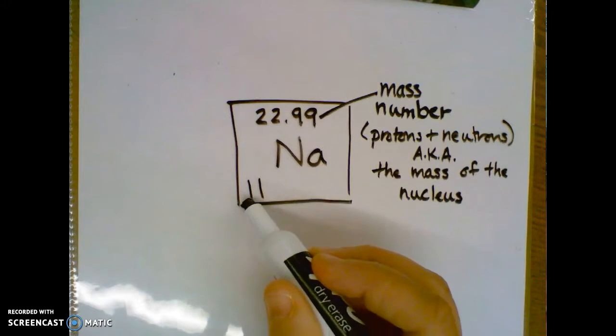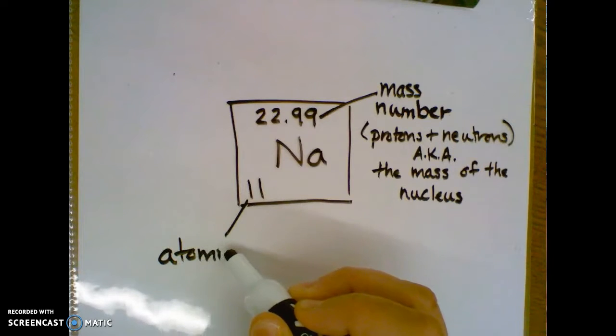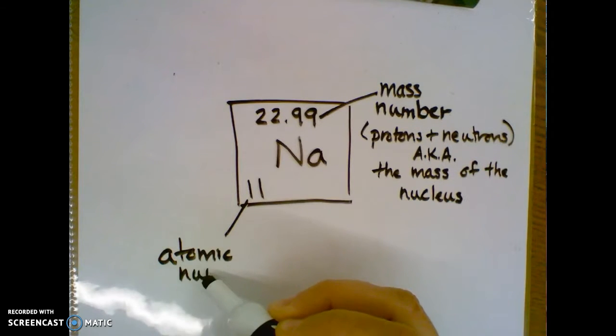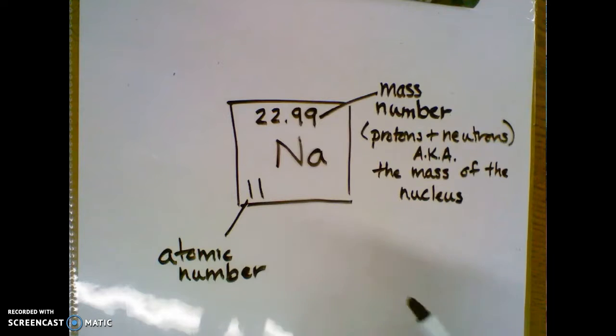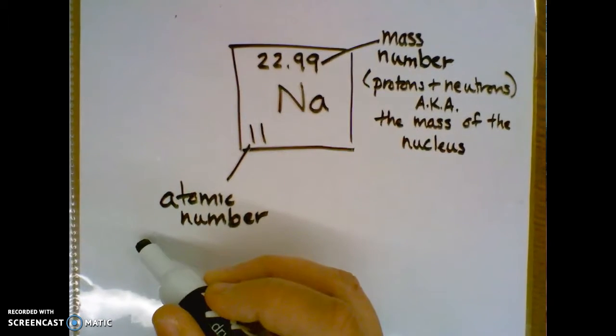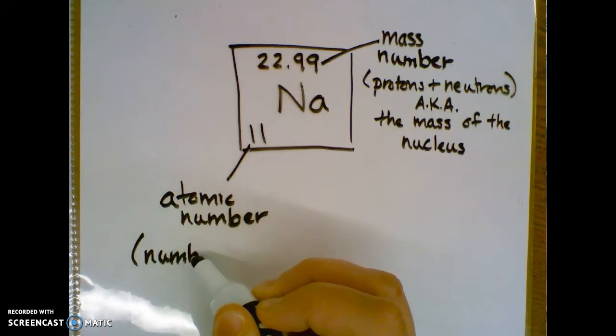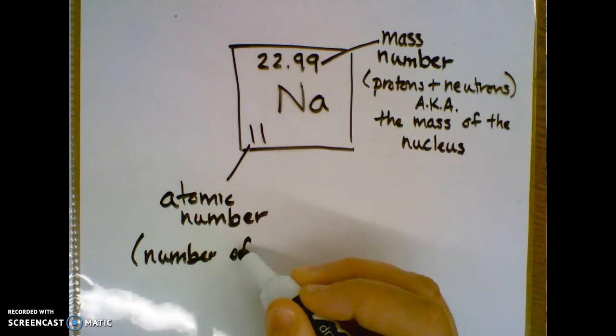And your 11 is your atomic number. And that is the number of protons that are in the nucleus.